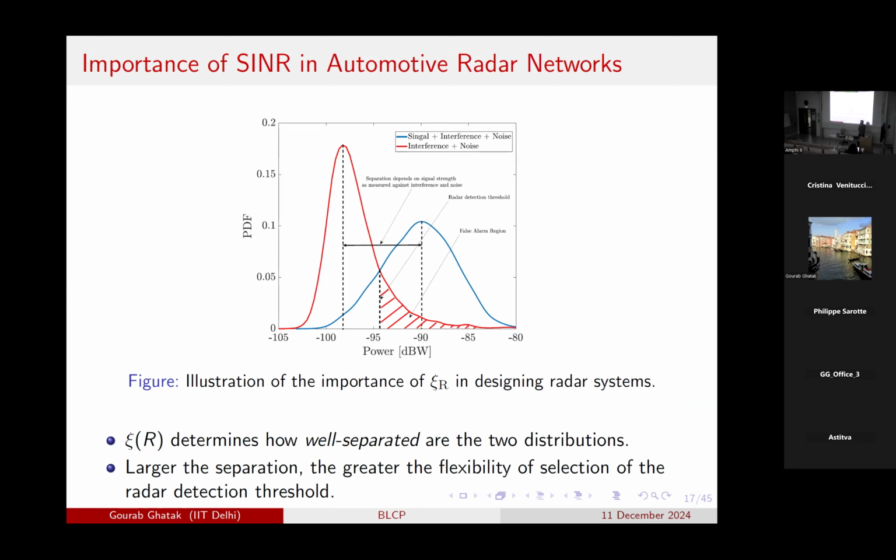I understand that is related, but can you derive it? We didn't try it yet. Apart from the SINR, SINR removes the knowledge of where they are located.